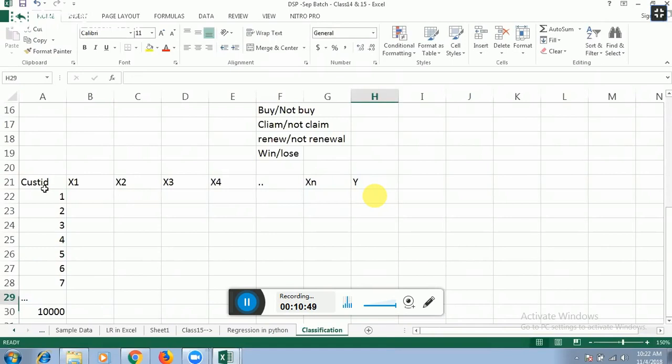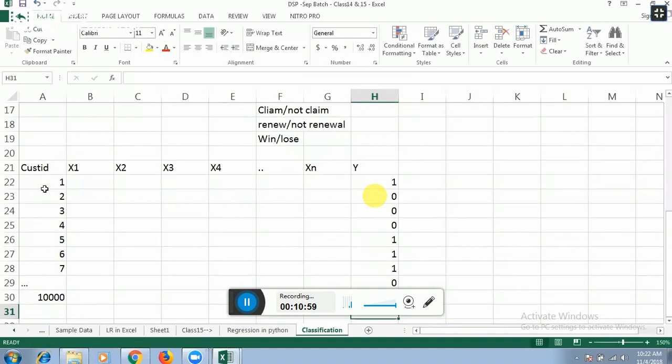And you will have whether the customer is good or bad, churn or not churn, risk or not risk. Like for example, 1 or 0. So what does this mean? A 1 means a good customer, a 0 means a bad customer, or vice versa, whatever it is, or churn, not churn.